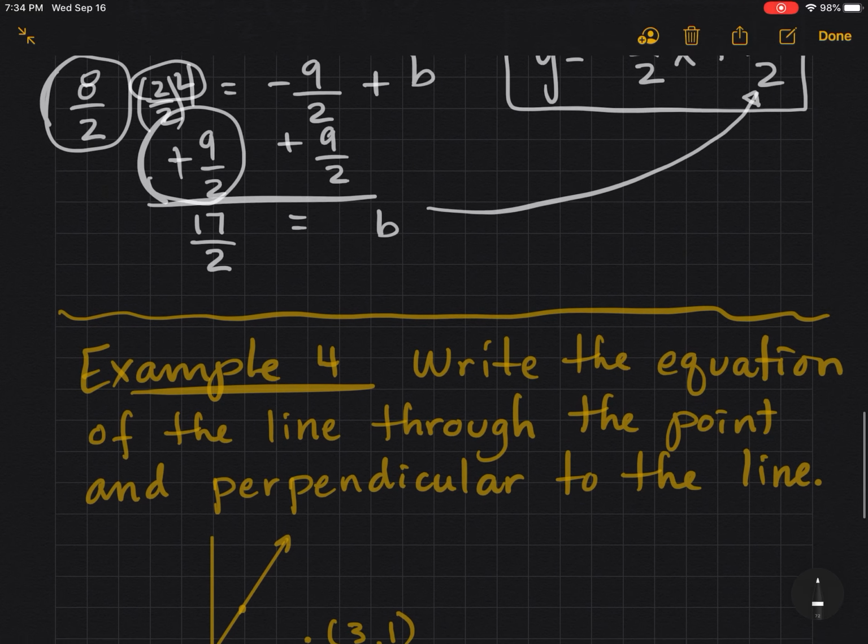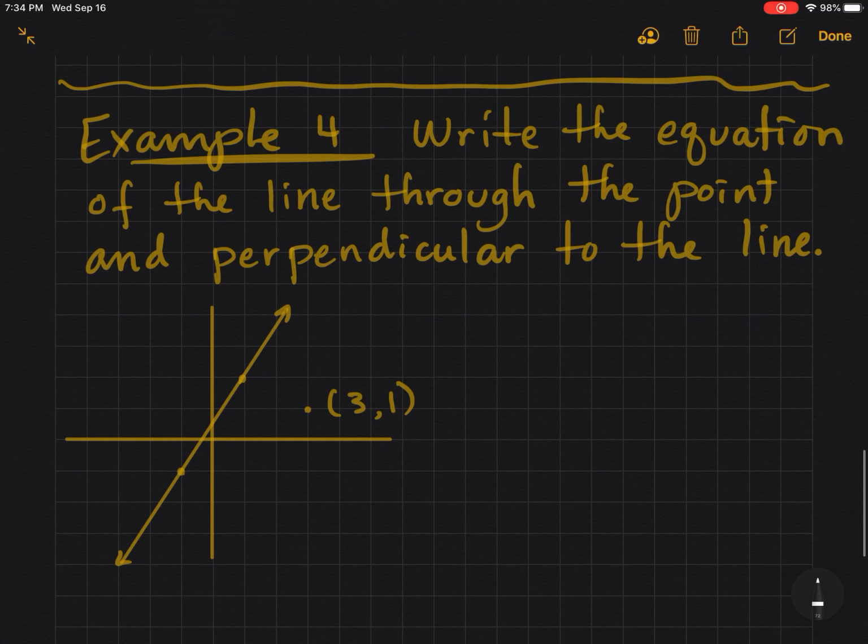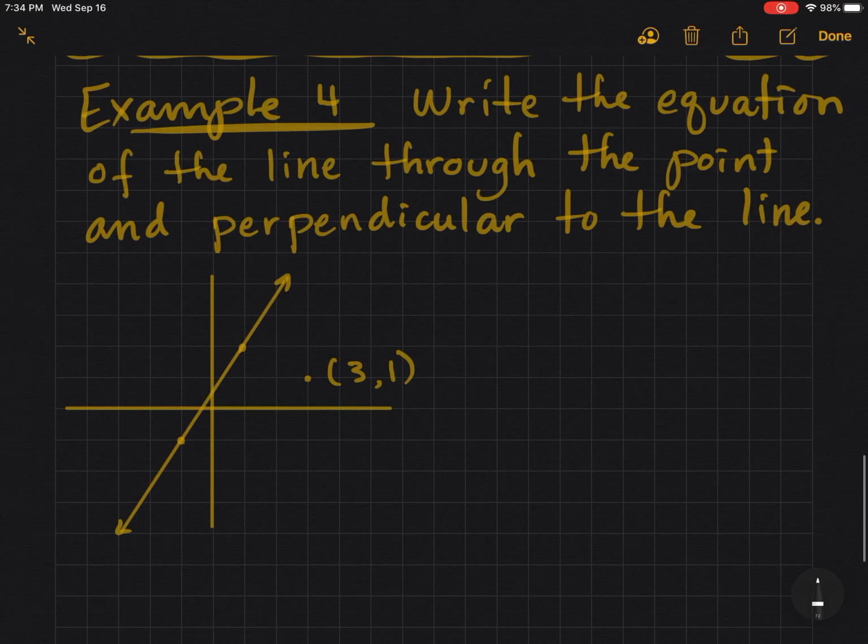Now, for our last example, write the equation of the line through the point and perpendicular to the line. This time, I didn't tell you the equation of the line. So, we still need to figure out what the slope is. So we can count the rise is 3 and the run is 2.